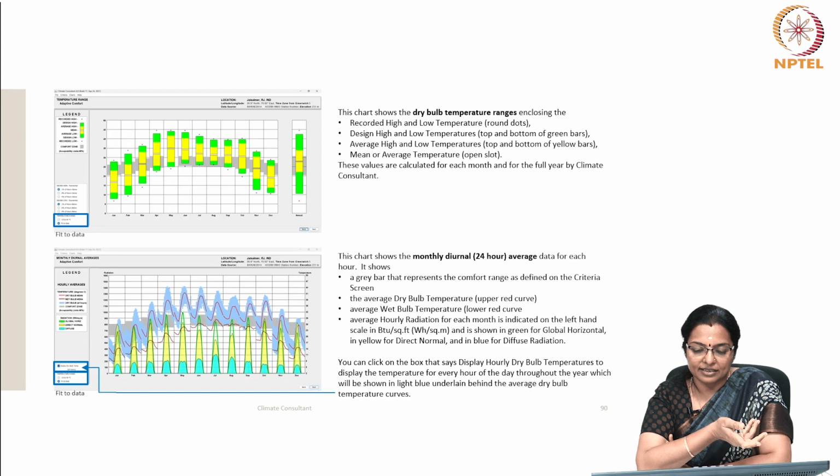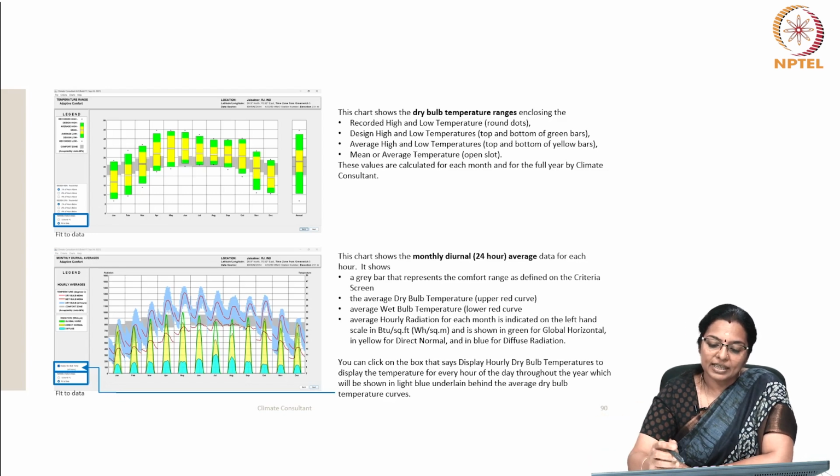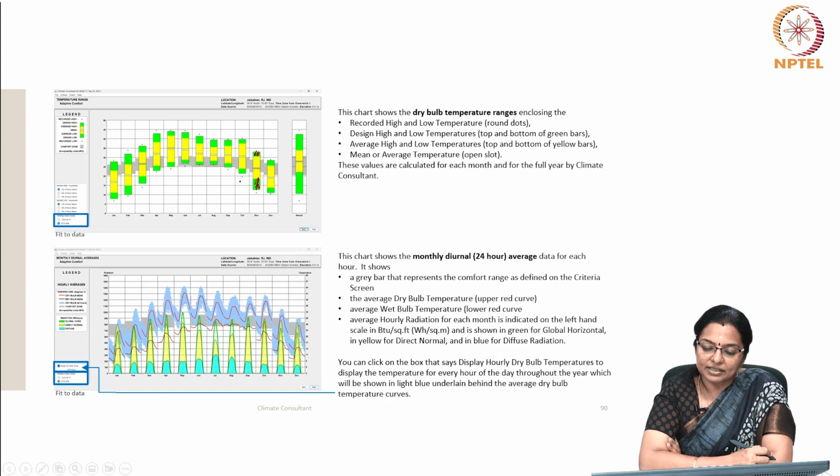understand and read this. In the first chart, it shows recorded high and low temperature as round dots. Then it shows design high and low temperature, that is the top and bottom green bars.